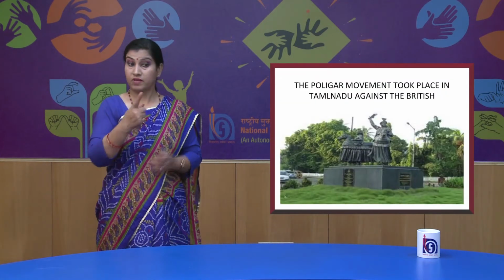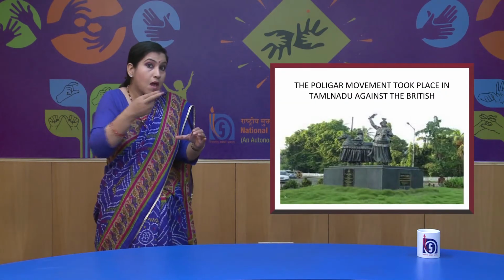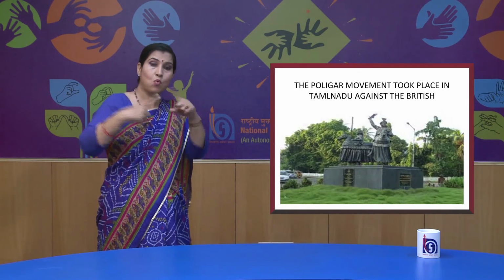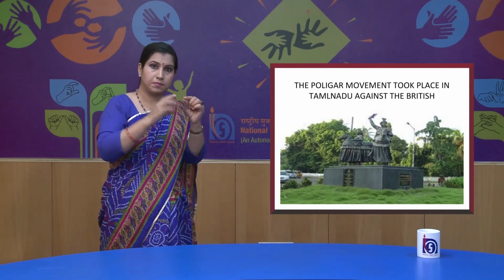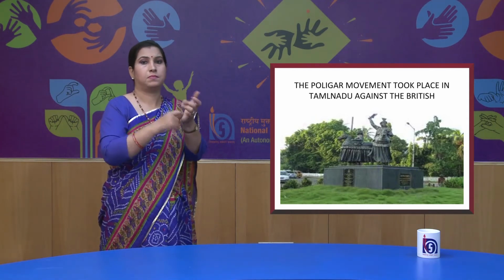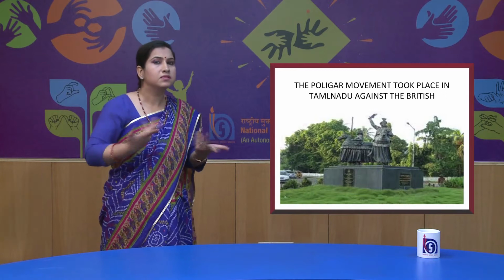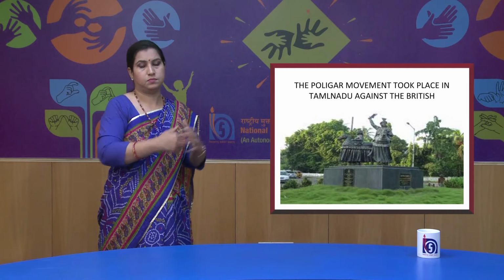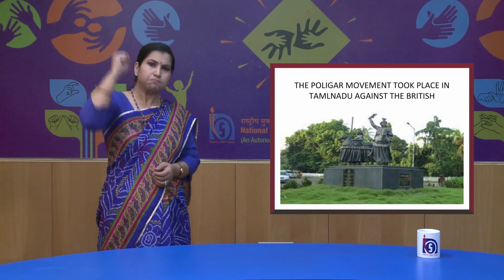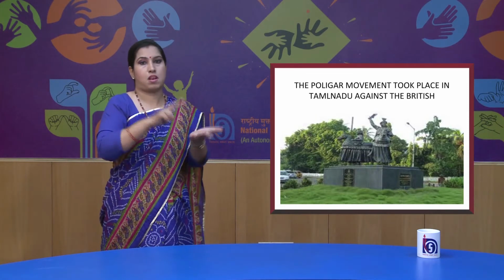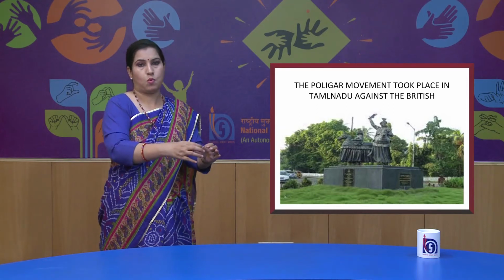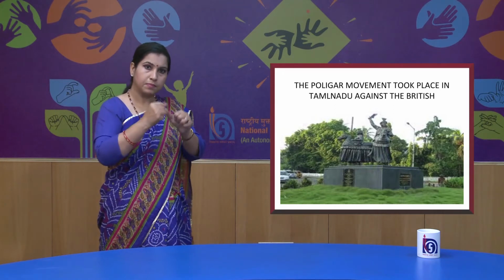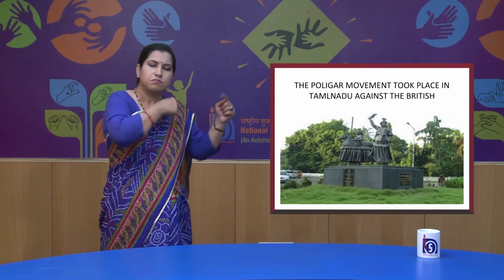The first group of people we discuss is the Revolt of Poligars. This movement took place in Tamil Nadu. Poligars were local military chiefs and farmers for many generations.